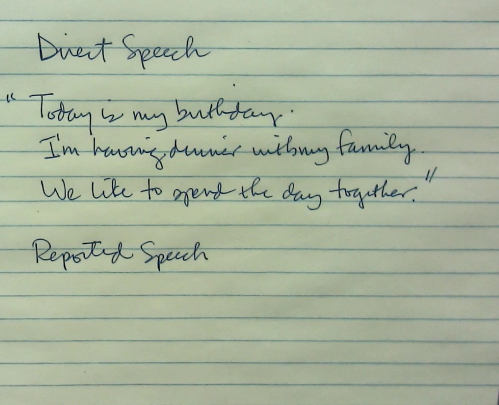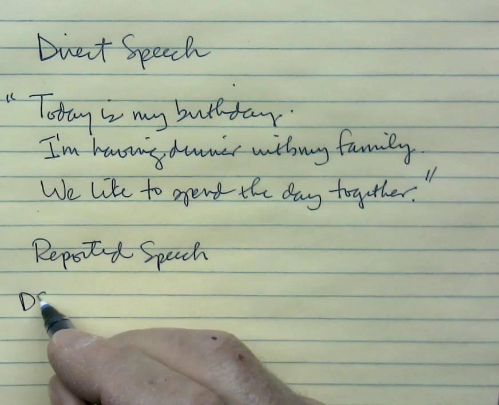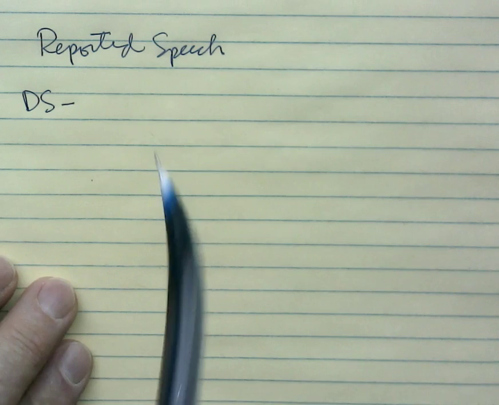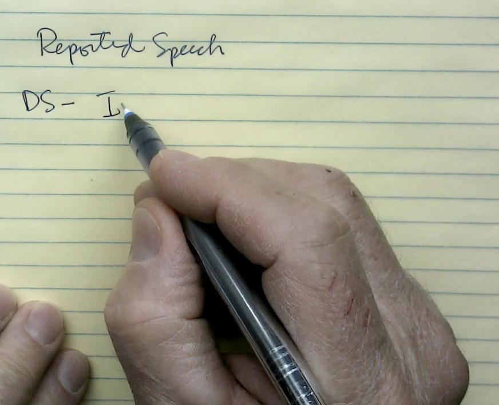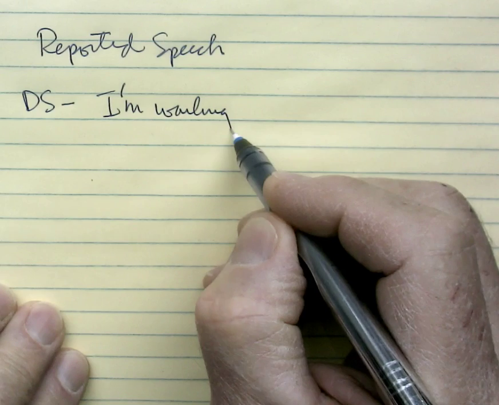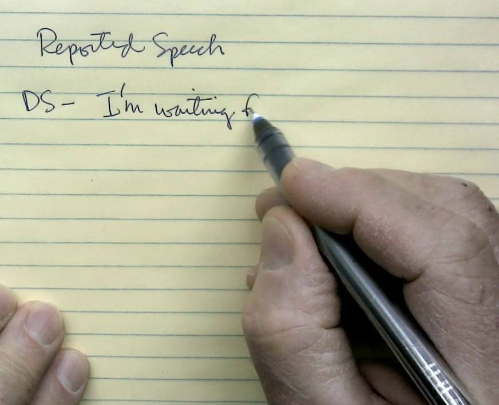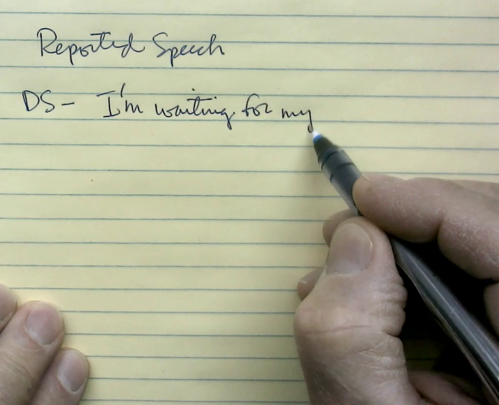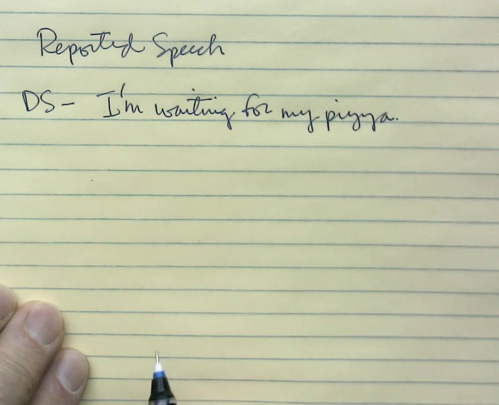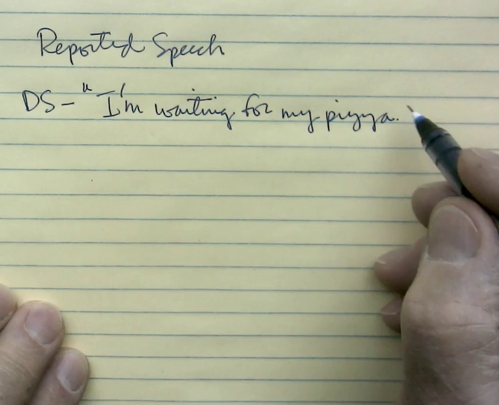So, for example, the direct speech might be something like, I'm waiting for my pizza. Those are my exact words.